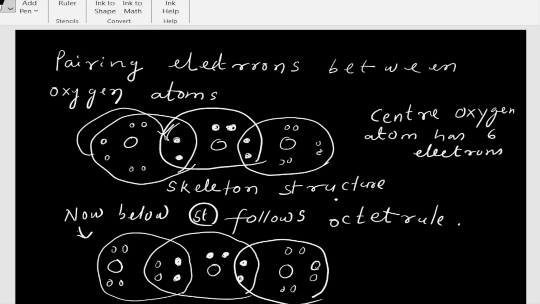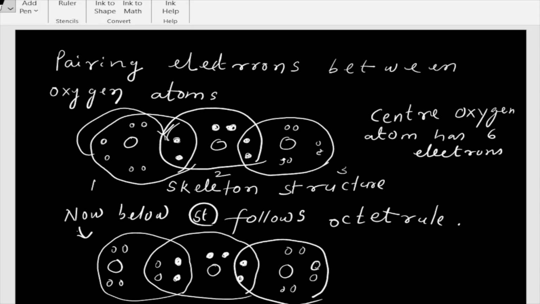What are the 2 atoms? They are oxygen atoms. Now see the diagram here: one oxygen, the first, second and third. This is the skeletal structure, because I want to show how many electrons are on each oxygen: 6 here, 6 here, and 6 here. But how can I satisfy the octet rule?